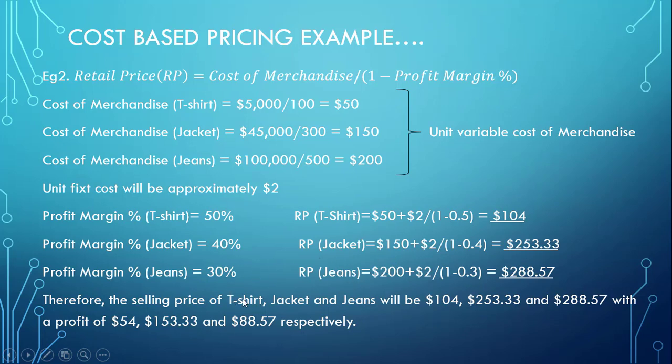Therefore, when you calculate the profit that the retailer incurs by selling these three merchandise items, the retailer will get $54 of profit for t-shirts, $153.33 by selling jackets, and a profit of $88.57 for jeans.